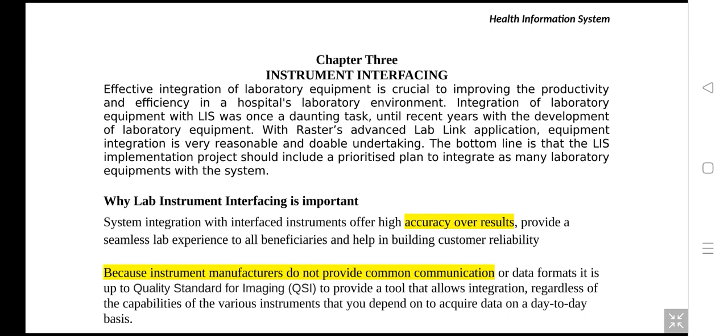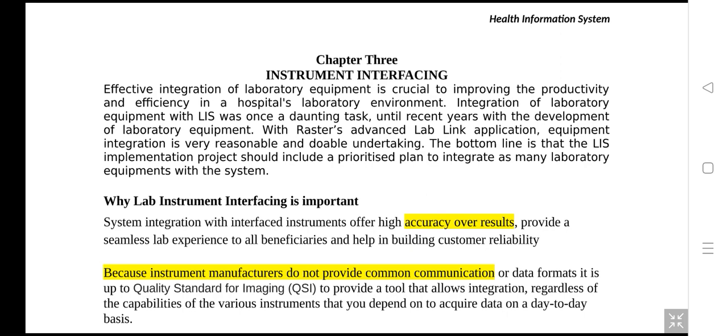That's what is called an interface. That's what we're talking about when we talk about interfacing in a laboratory: we use interfacing protocols to integrate our laboratory equipment with our system.